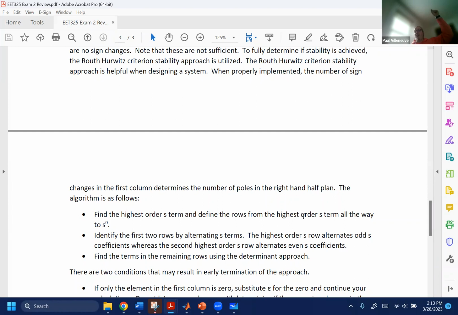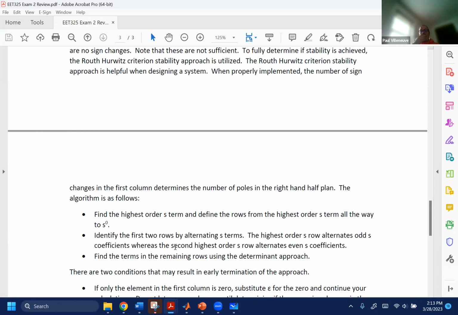And then we're going to write our rows as the highest order S term all the way to S to the 0. Then we're going to develop those first two rows by alternating S terms. So if we have an S to the 5th, what goes in the first row is S to the 5th coefficient, S to the 3rd coefficient, and S to the 1 coefficient. And then we go to the second row, S to the 4th coefficient, S squared coefficient, and then the S to the 0 coefficient that goes in there.